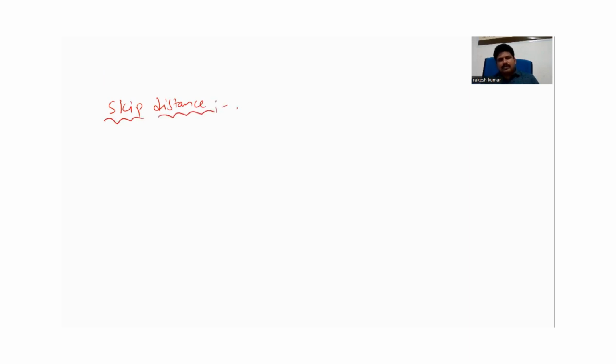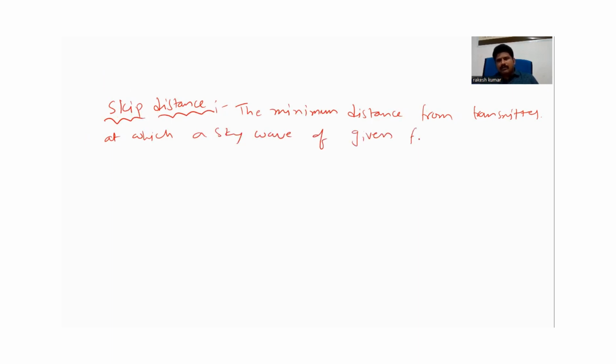The definition of the skip distance is the minimum distance from transmitter at which a sky wave of given frequency is returned to Earth by the ionosphere layer.